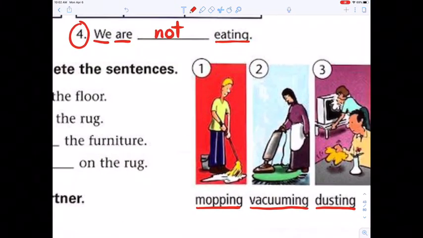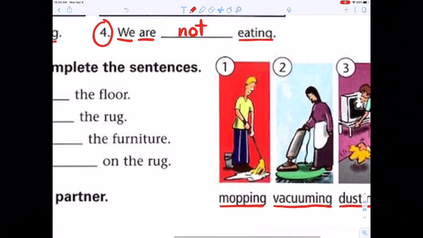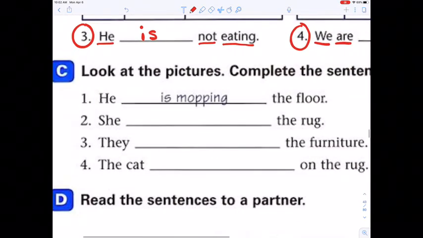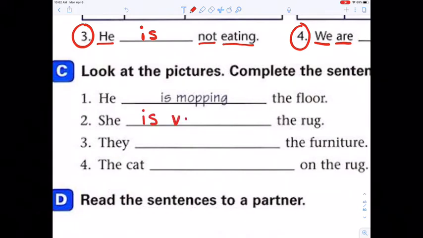Number 2, what is the word here? Vacuuming. She is vacuuming the rug.